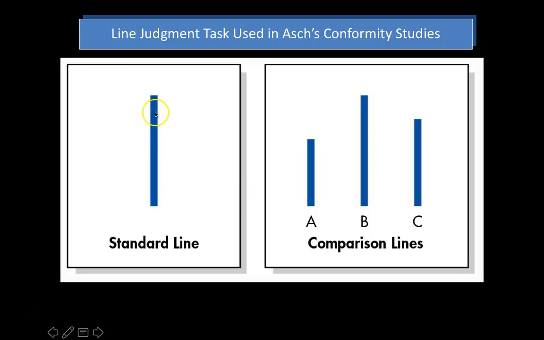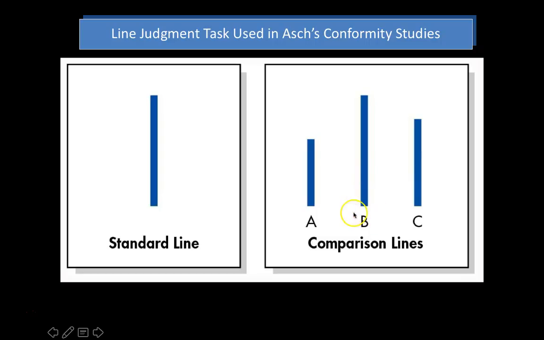So in this particular task, the task of the participants was to view two cardboard sheets, two boards, one of which had a standard line of a certain length, and the other one of which had three comparison lines.